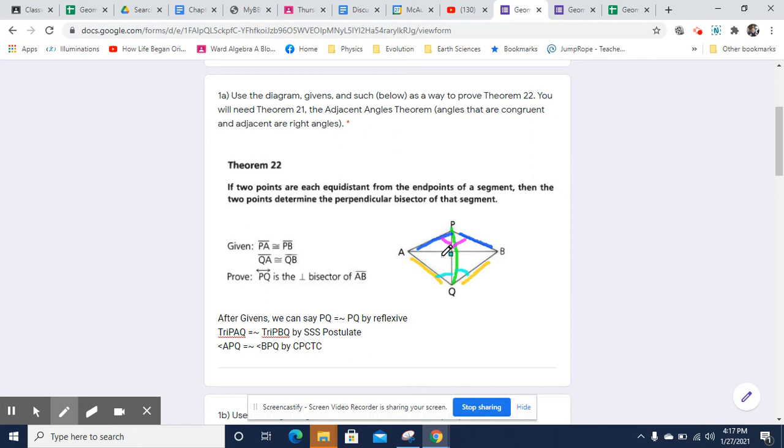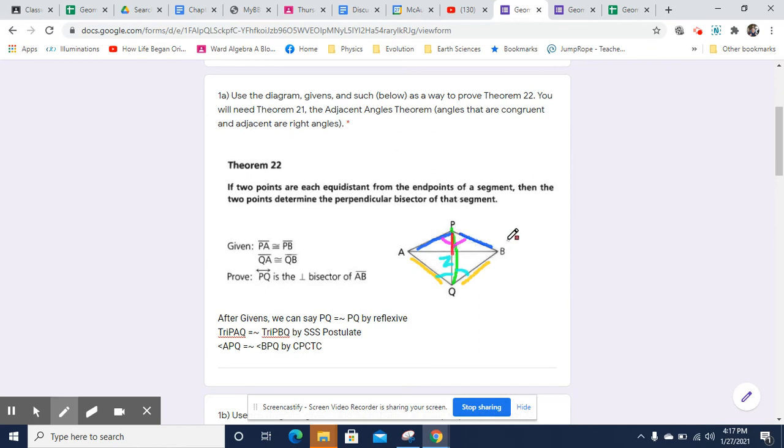So it'd probably be useful to give that a letter. I'm just going to call it Z. Okay, so we can draw a line here. So I'm going to grab a nice bright red, and here we go.